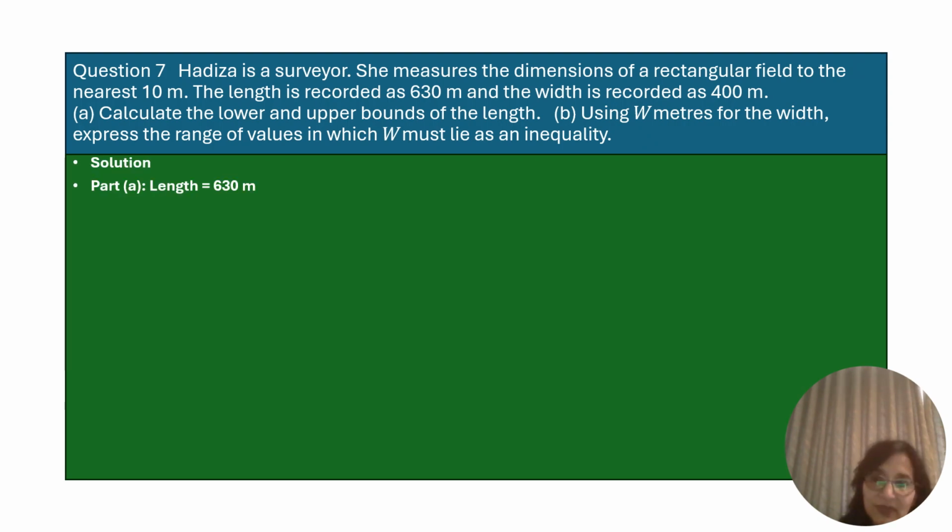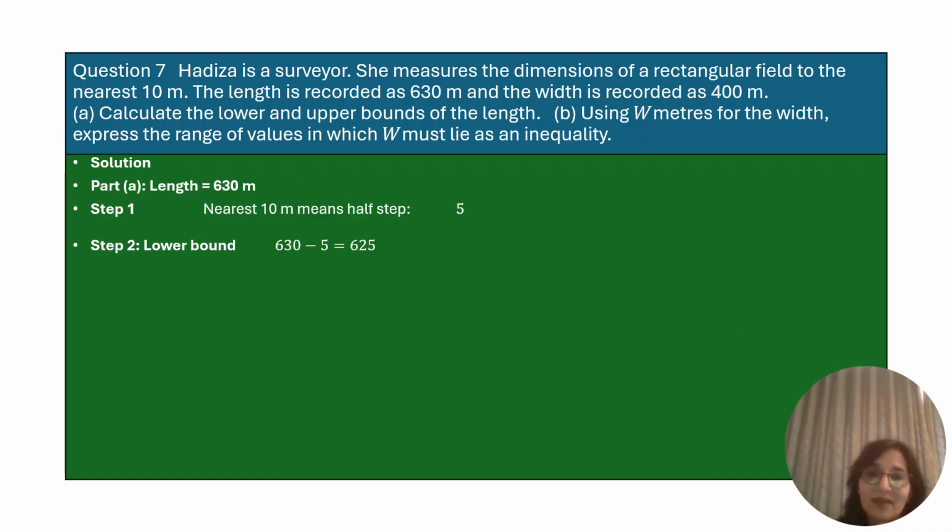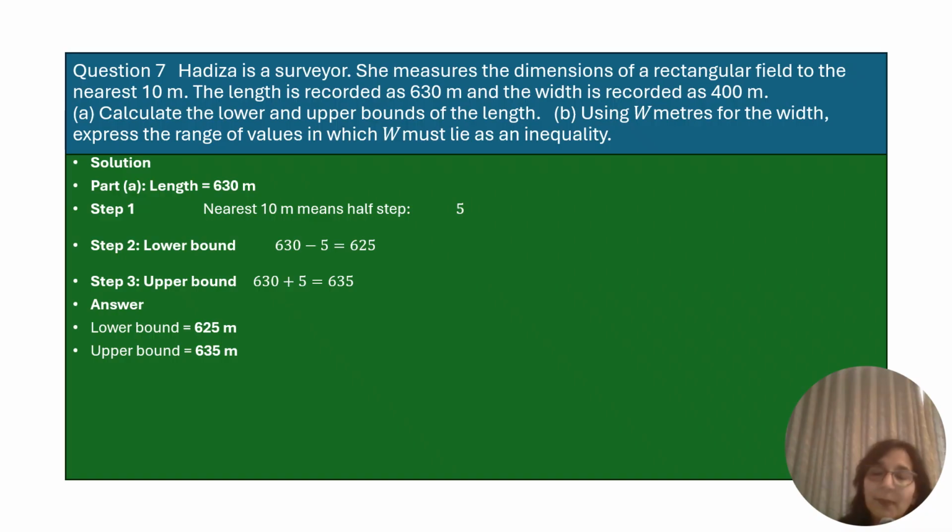So now here, we need to jot down what is given. Length is 630 meter. Step 1, nearest 10 meter means half step, 5. For lower bound, 630 minus 5. For upper bound, 630 plus 5. So your lower bound is 625 meter, upper bound is 635 meter.